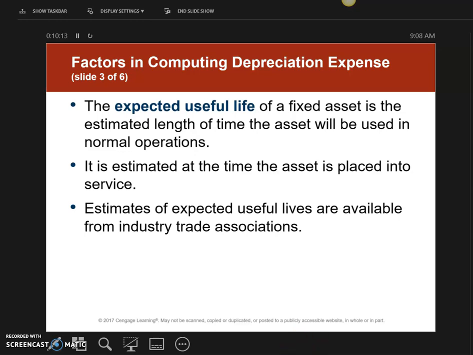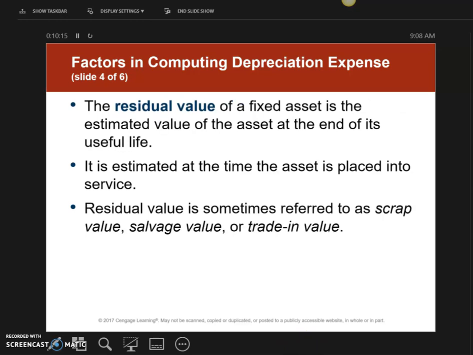Okay, so the last thing on our list was residual value. The residual value, think of it as what can I trade it in for at the end of its useful life. So the residual value is the value of the asset at the end of its life. A delivery vehicle, 5 years old. How would I determine the residual value? I would use something like Kelley Blue Book to figure that out.